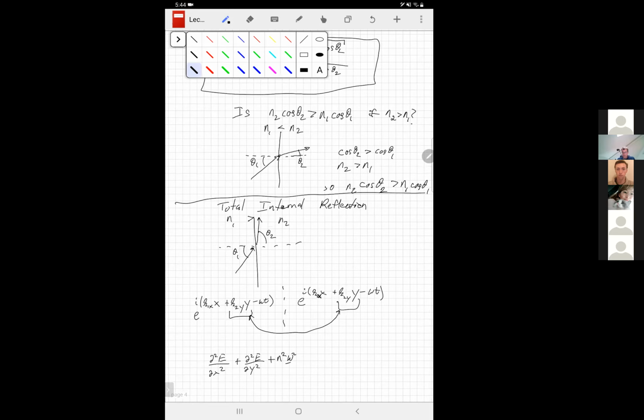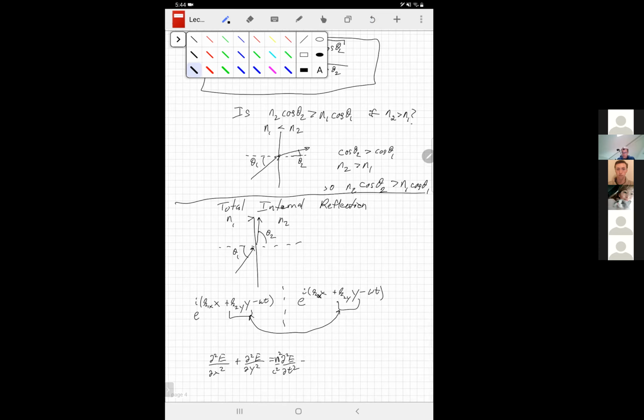N squared over C squared, partial squared E, partial t squared.